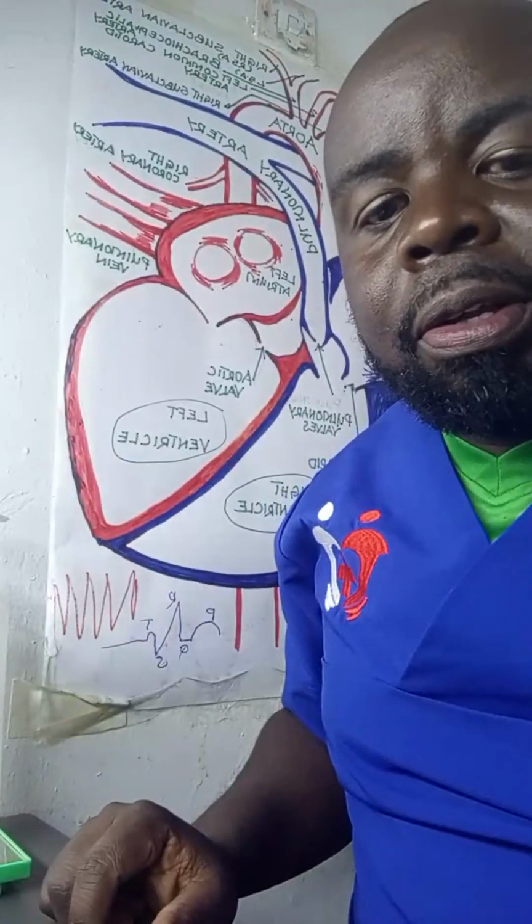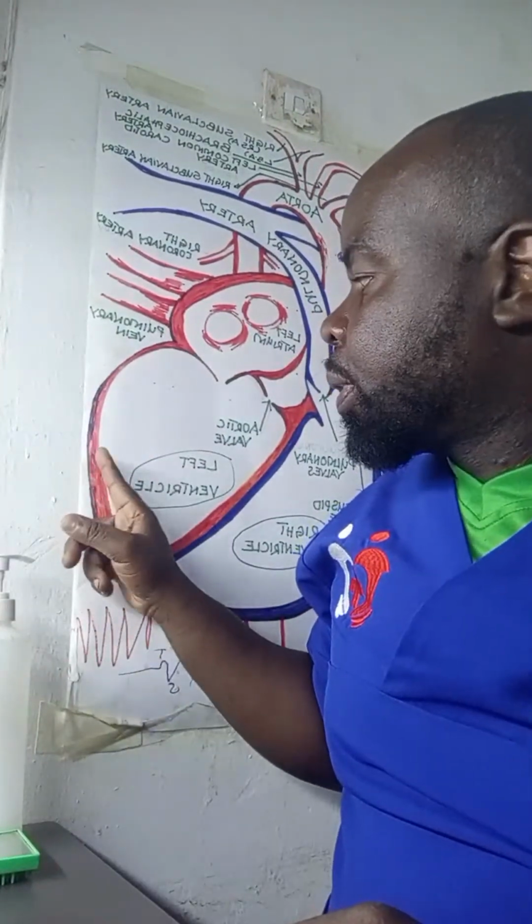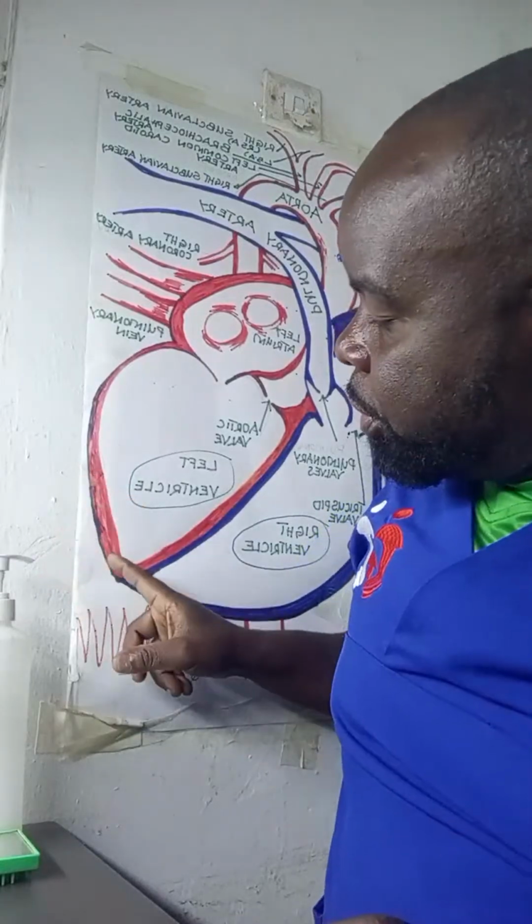So hypertrophic cardiomyopathy. The first one was dilated. Dilated means big. Diseases of the heart. What is hypertrophic? This is a genetic heart muscle disease characterized by unexplained thickening. Now look here. This is your heart. And the muscles, because these are the muscles of the heart, they thicken.